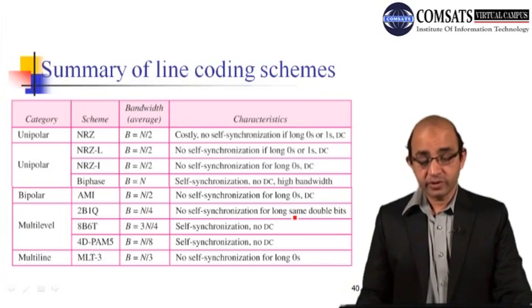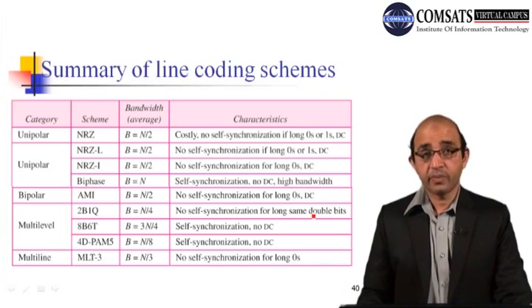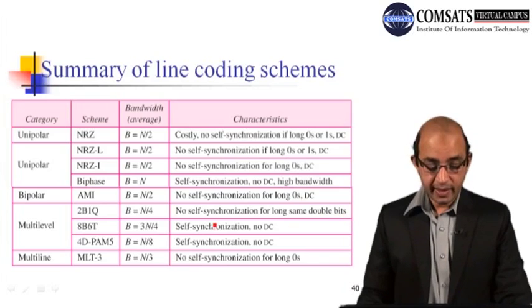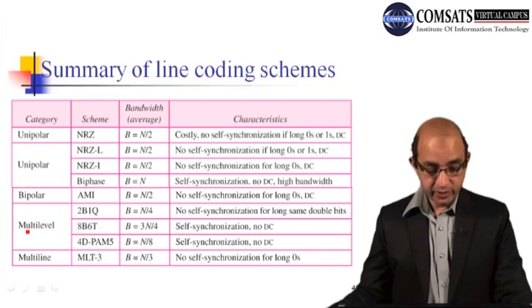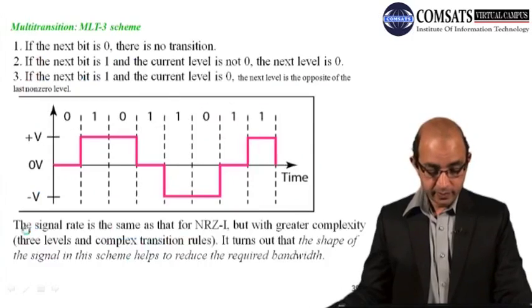Self-synchronization, no self-synchronization for long same double bits. And if we talk about 8B6T, 8 bits, 6 signaling levels, and multi-level. Over here we are talking about the category multi-level, right? So if I go back, 8B6T, right?